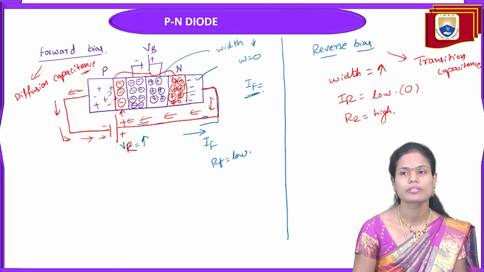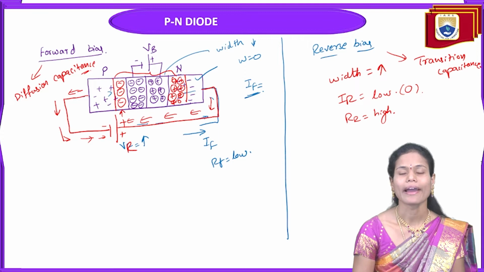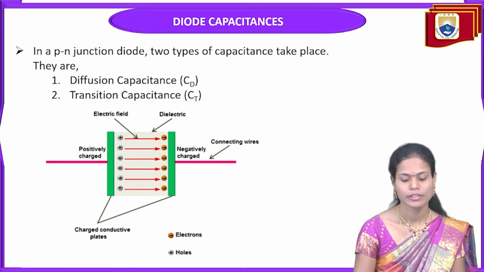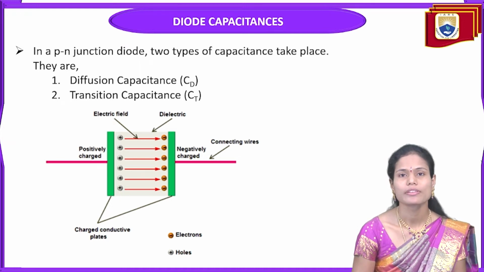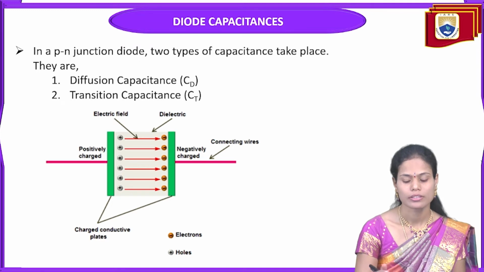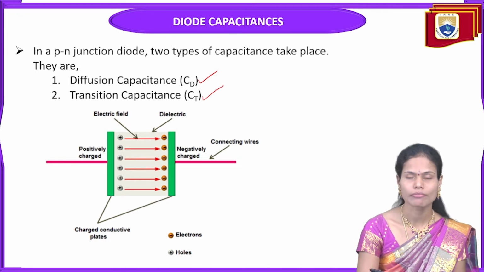So now we are going to discuss these two capacitances and their action in the case of a PN junction diode. I have already mentioned that in the case of a PN junction diode, we have two types of capacitances. That is the diffusion capacitance, which we represent with CD, and the transition capacitance, which we represent with CT here.